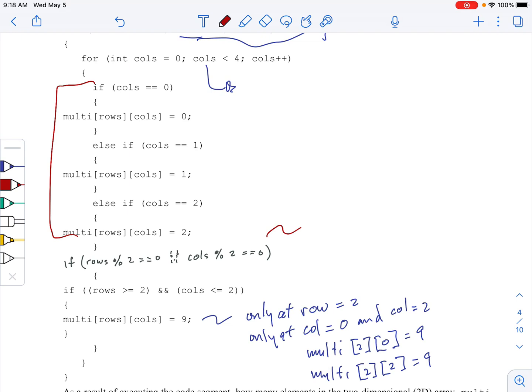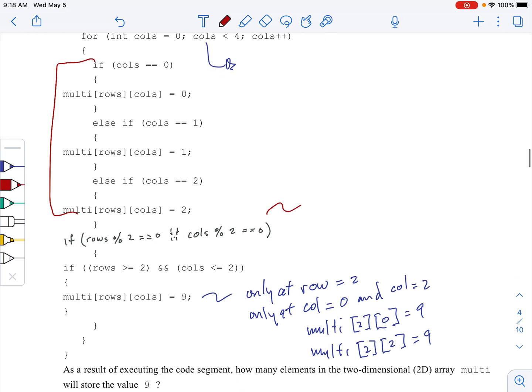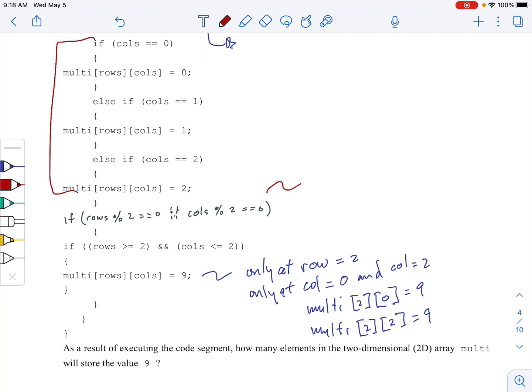It's essentially saying if the rows mod 2 is 0 and cols mod 2 is 0, that means, of course, even. If your rows are even and columns are even at the same time, I had to write mine in because it was gone in this PDF. And then you say, how many times does that happen where the row is even and the rows is greater than or equal to 2 and the cols is less than or equal to 2?